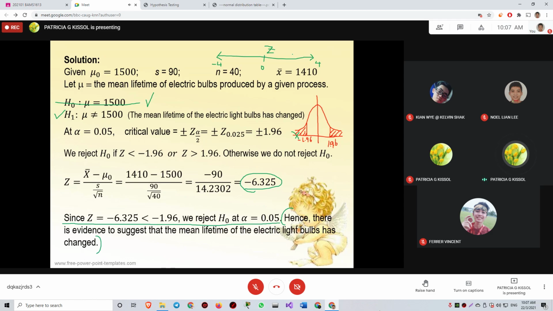Because we only take accuracy up to 4 decimal places, we only take from negative 4 to 4. But of course, Z can go further than that. That is a good question. Okay, you understand?